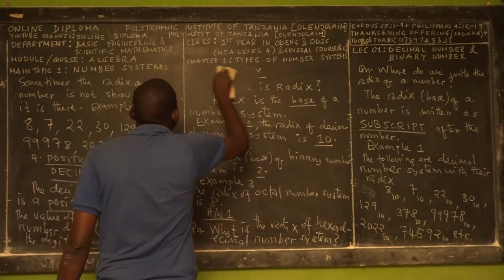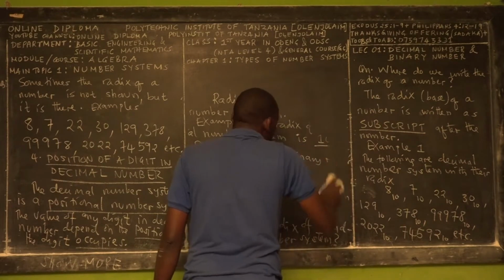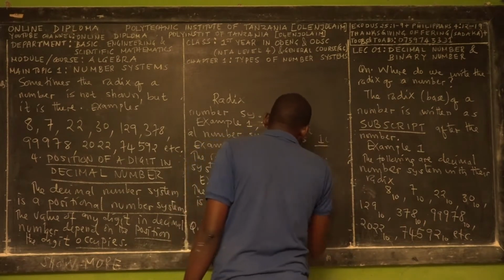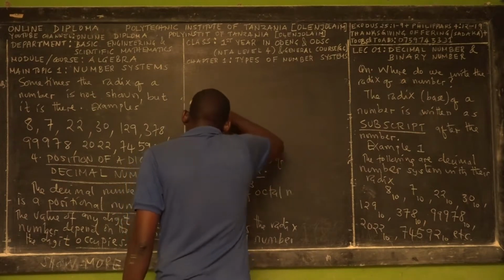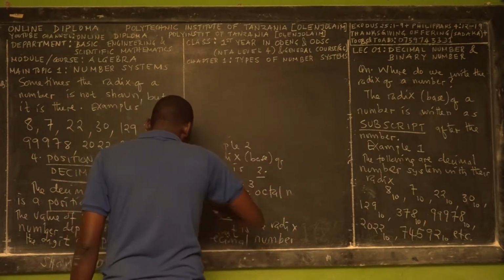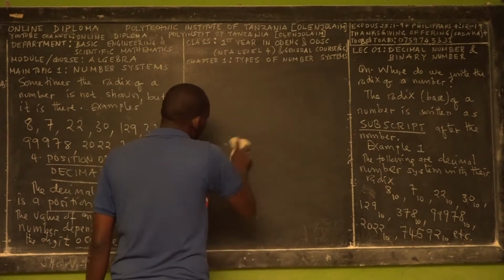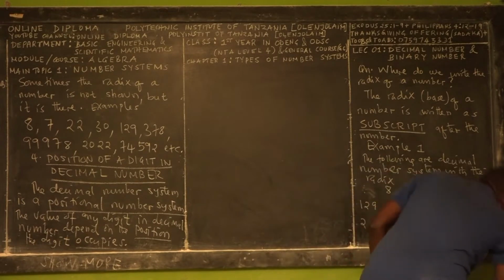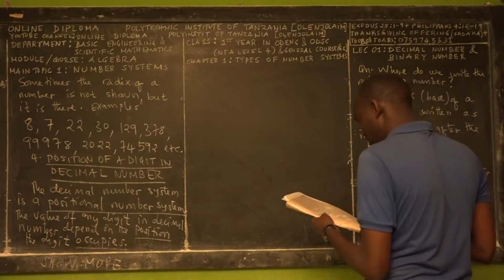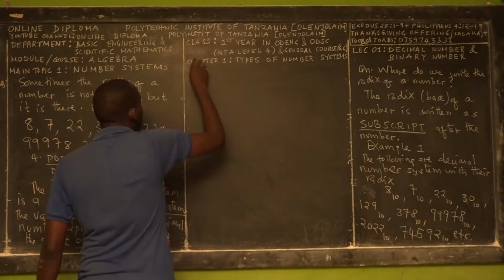What does it mean? If you remember what we taught you in numbers, the first topic in basic mathematics for Form 1, we taught you about this concept, when we were teaching about whole and natural numbers. So let me give you a simple example that can help you understand.